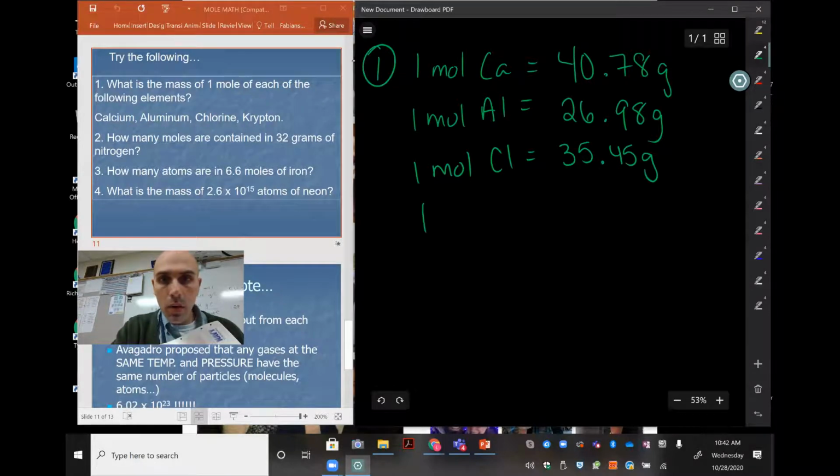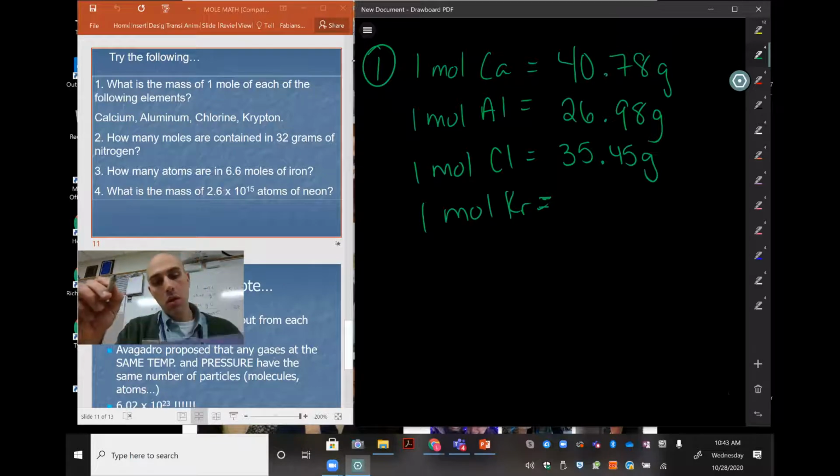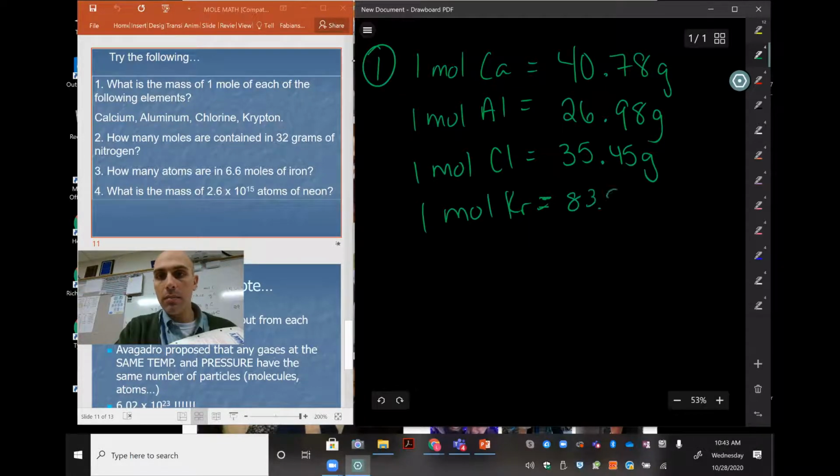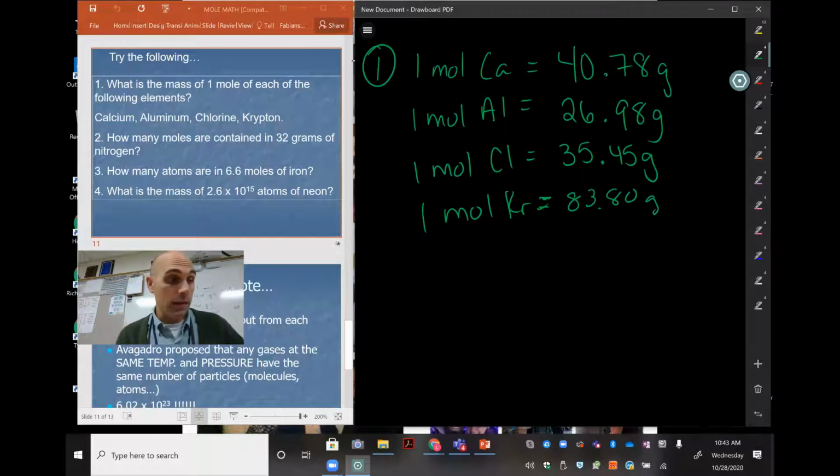And then 1 mole of krypton, Kr, I have to apologize, I'm pointing at it, writing. 1 mole of krypton is 83.80 grams. All right, not too bad.